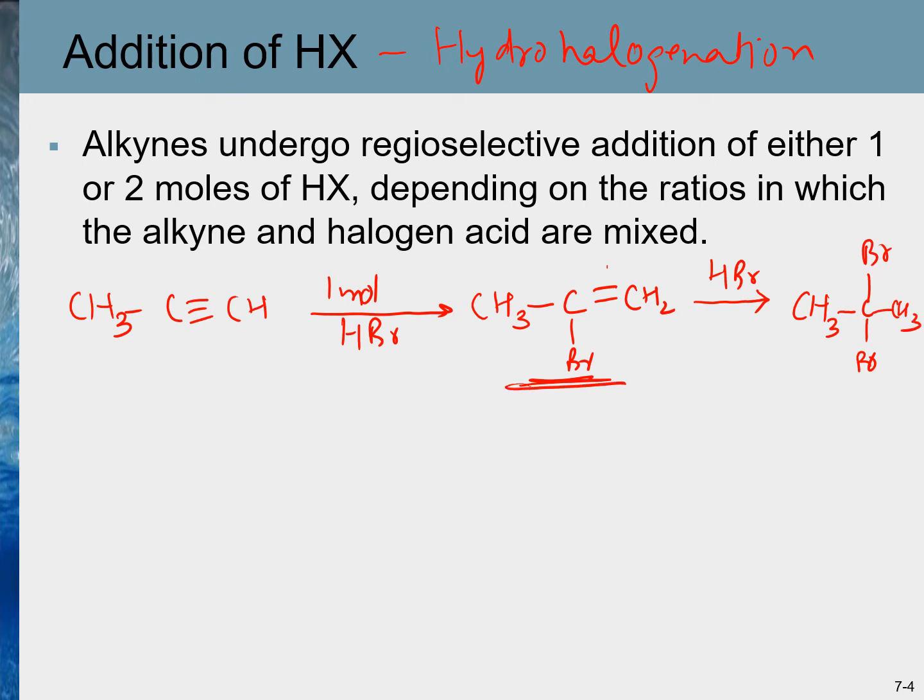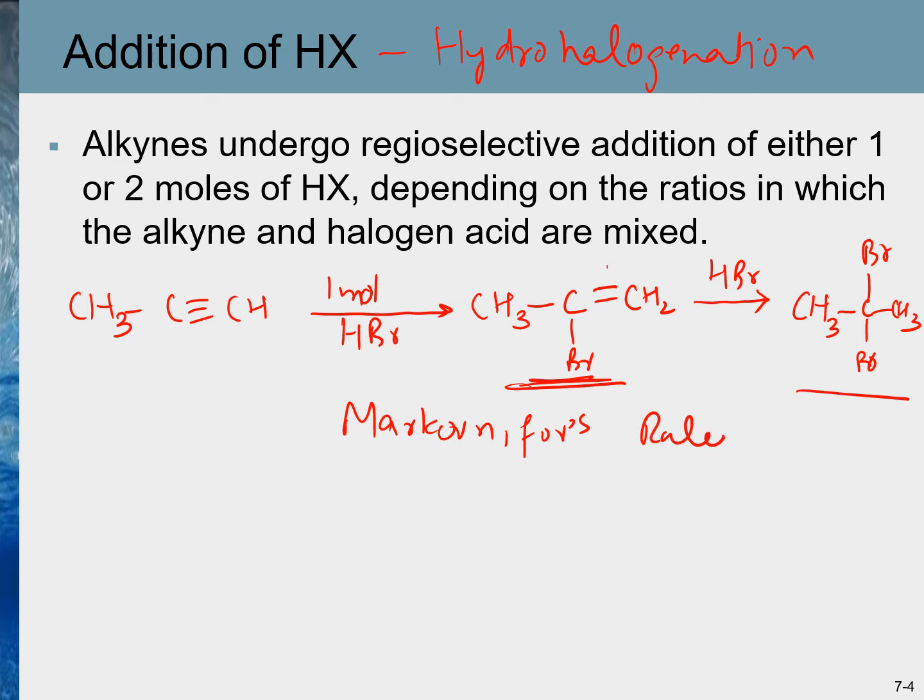As you can see in both these products, addition in both the first and second step is regioselective. The HBr adds to the unsaturated bond following Markovnikov's rule.